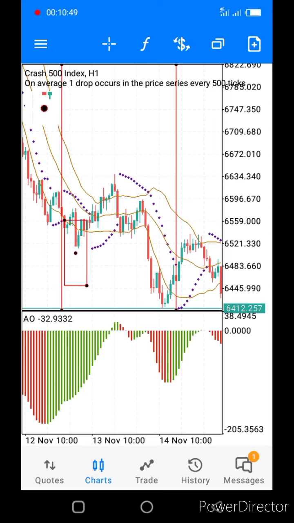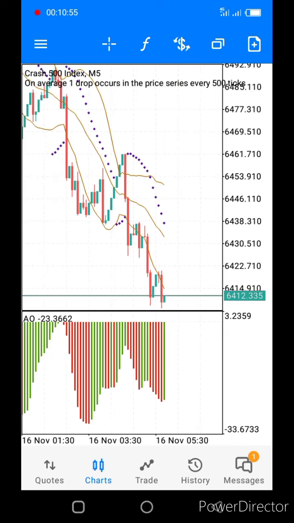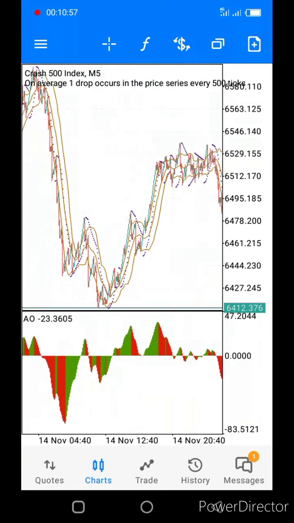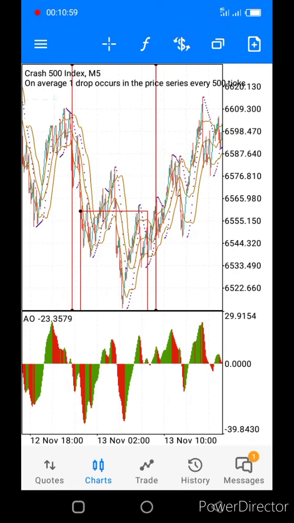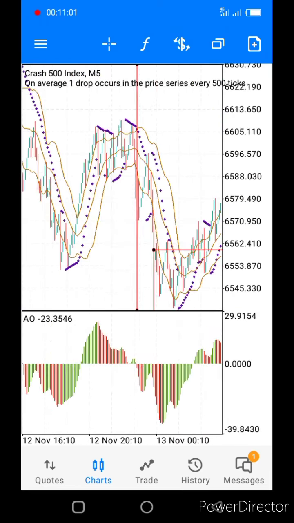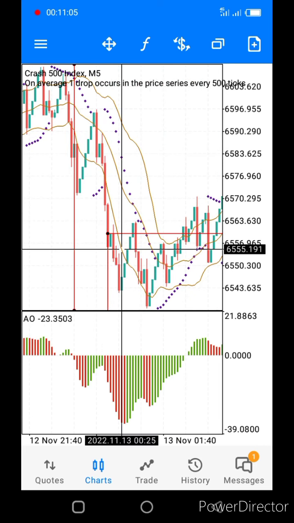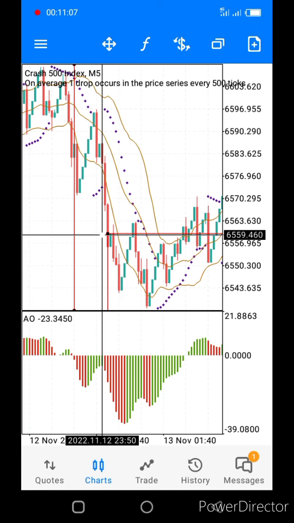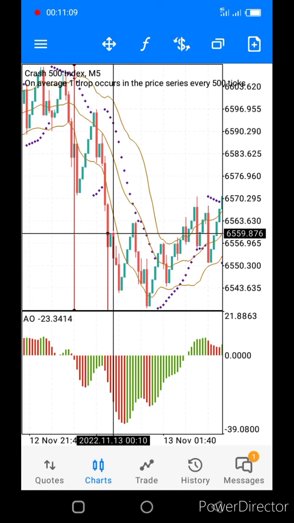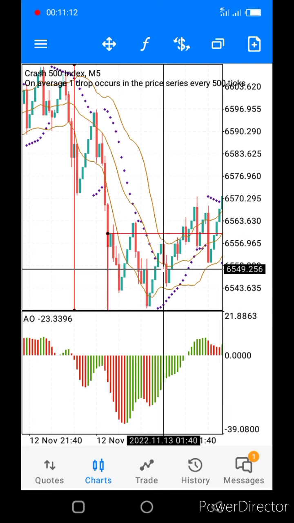Let me add this. So let's go to 5 minutes chart and see what happened there with the sell signal. The market was here when it triggered on that 1 hour. The market still came down for 15 minutes. We have a pullback here.